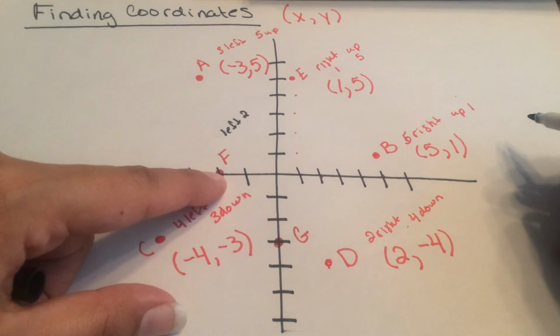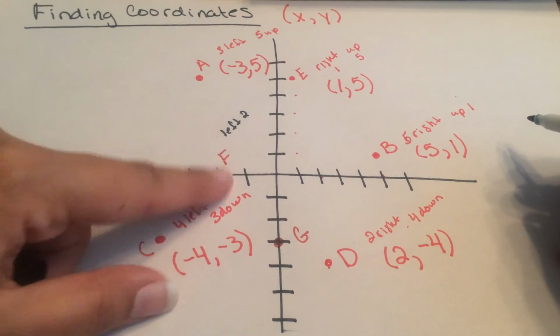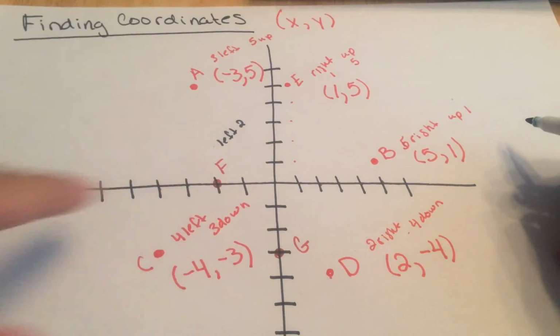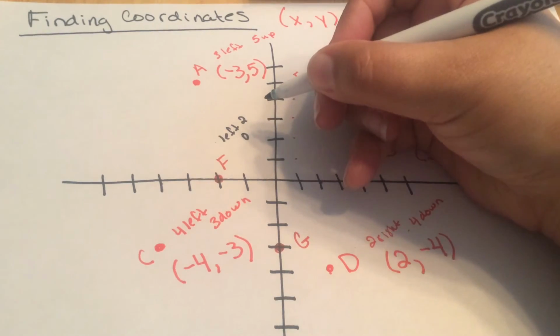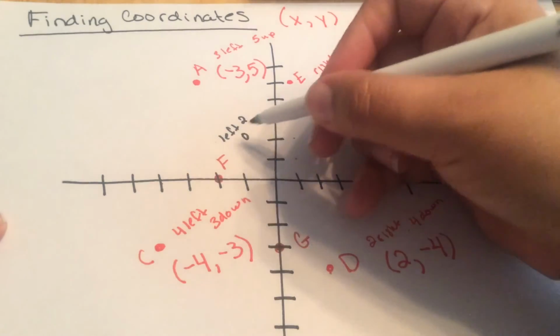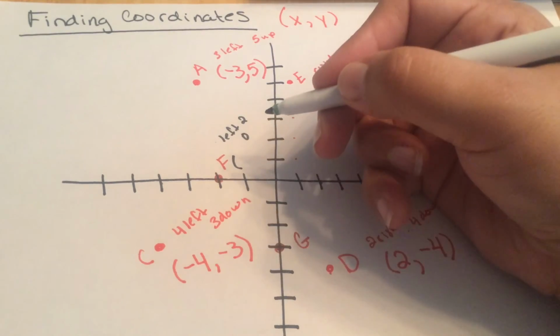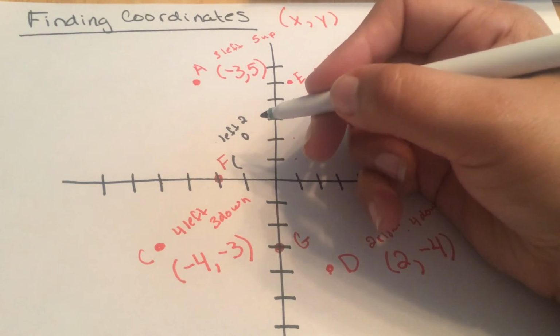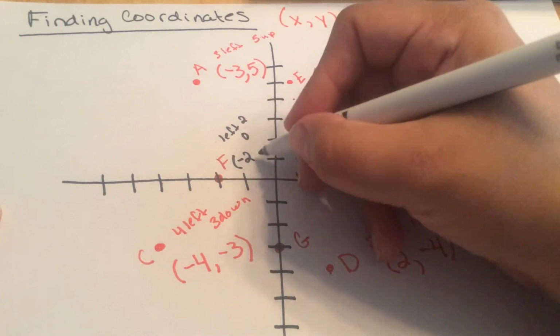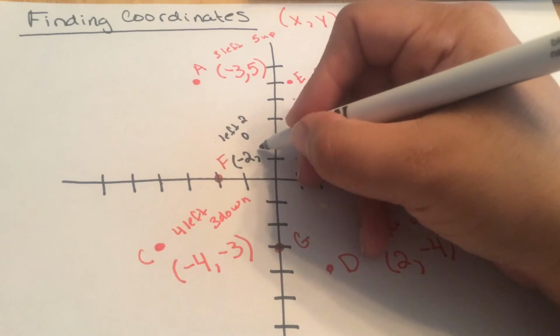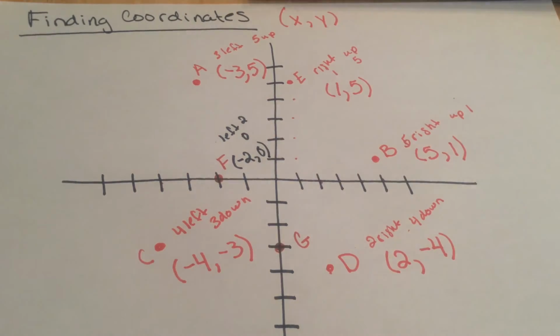And since I don't move up or down along my y-axis, I just stay there. I move 0 places along my y. Therefore, since we went left on our x-axis, we know that's going to be a -2. And since I didn't move up or down, I stayed right on that axis, it's going to be a 0 for my y coordinate. So F is going to be located at -2, 0.